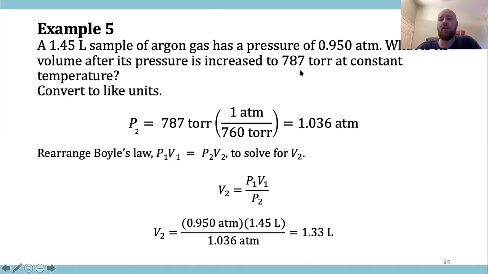So you can't just put those units together. You have to do a conversion up front to convert the 787 into ATM. That's where the 1.036 comes from in the bottom, the conversion of the 787. So you've got to convert those units before you can use them.